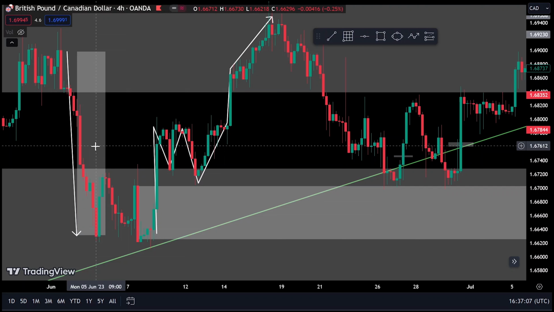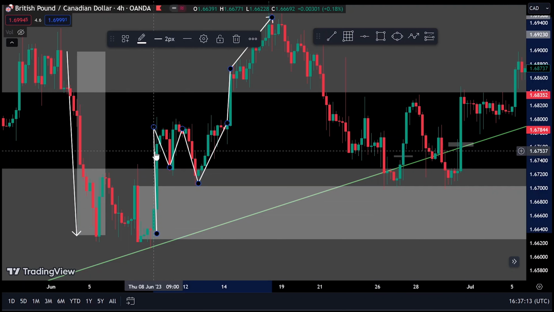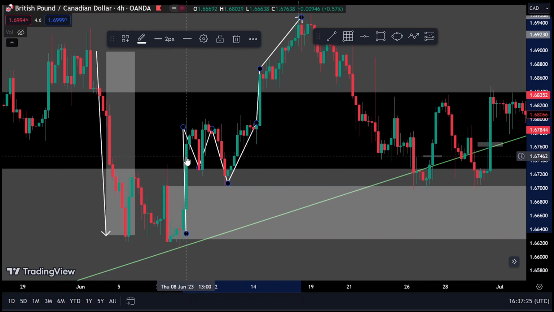And so retailers are always taken out of the market, but for ICT and smart money concepts, knowing these liquidity types is going to help you perfectly, so you don't get taken out of the market. What you have to do is wait for a low to be formed before knowing the direction of the market.